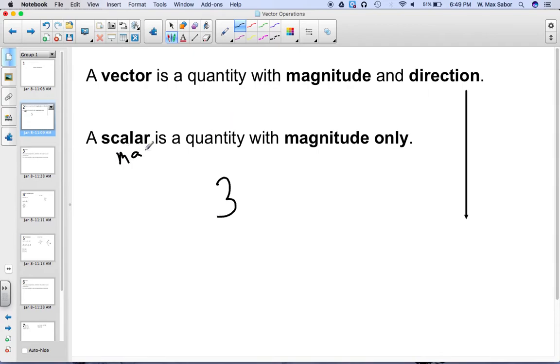Mass is a scalar, whereas weight is a vector. It's always pointing down. It's the strength of a force, and the direction of the force is always down. Whereas mass is just how much stuff there is. There's no direction to the stuff that exists.